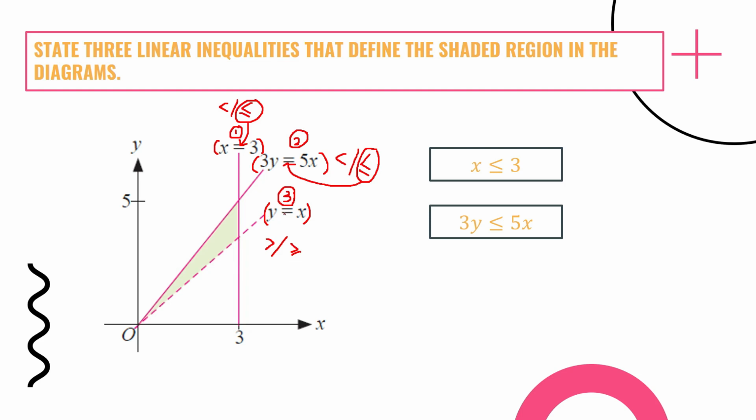The line for the third equation is a dash line, so we will use higher than. Then we convert to this sign. So the third linear inequality is y higher than x. Do you understand? These are the three linear inequalities for this example.